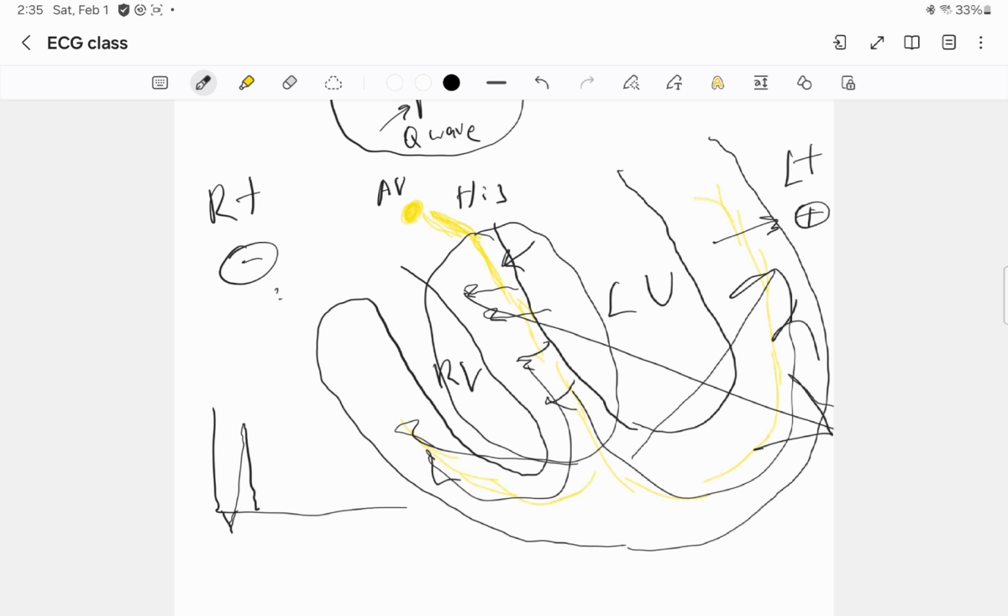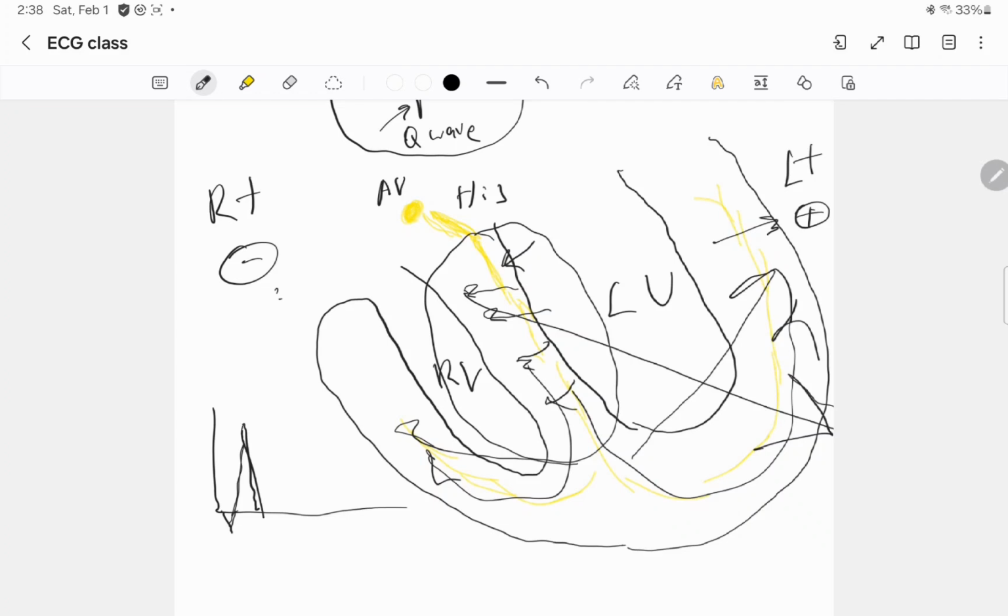The mean electrical vector, when the right and left ventricular vectors are put together, will be going towards the left, in the direction of the positive electrode in lead 1. So that will result in a large positive R wave.